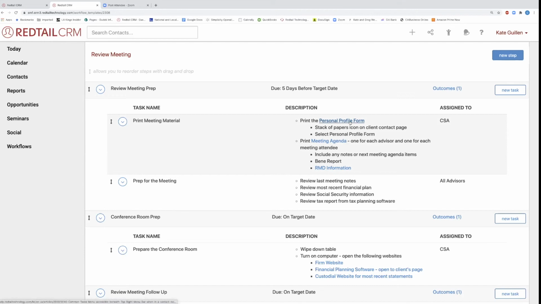I've also included a live link here to the Redtail help desk to show that person exactly how to do that. I've included a link to where the meeting agenda lives in our server. And then I've included a link to the TD Ameritrade website so that the client service person can look up RMD information very, very easily.